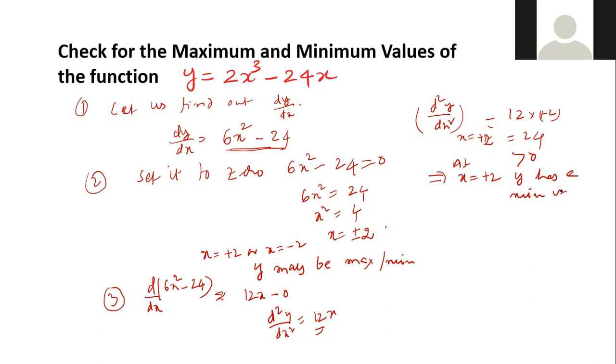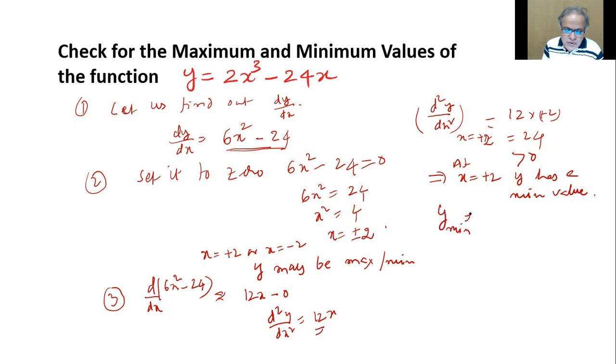Now look at what you wrote. And what is the minimum? y minimum equals, substitute in the y function, x equals plus 2: 2 into 2 cubed minus 24 into 2.